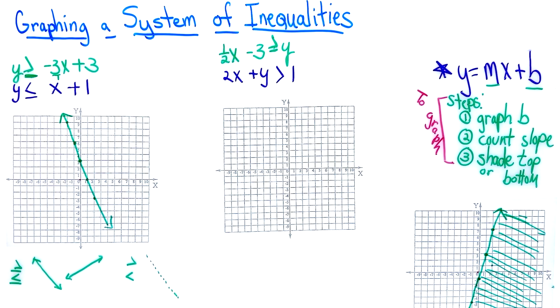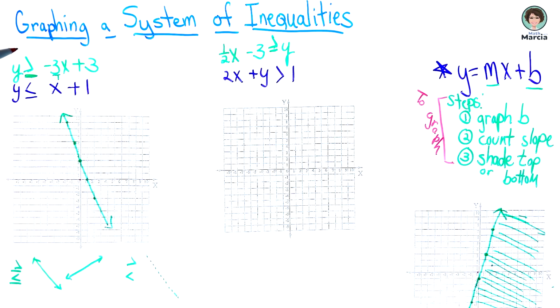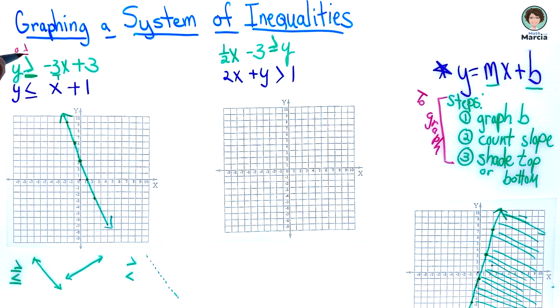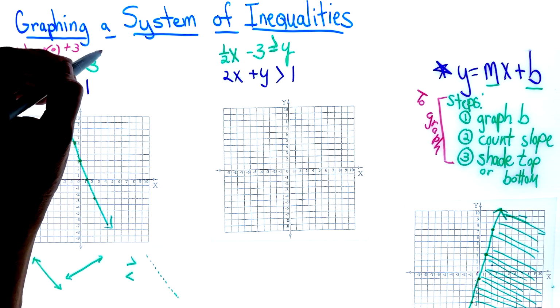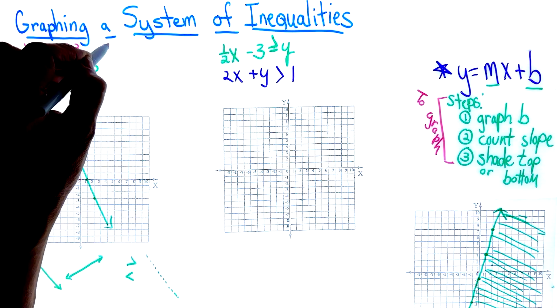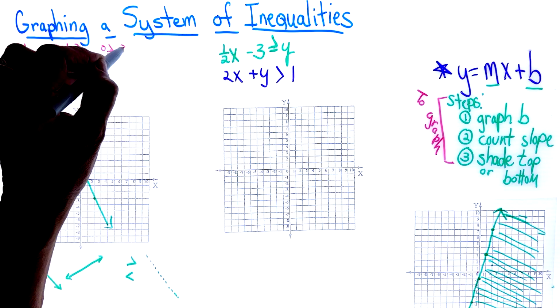So I'm going to substitute in the values for this inequality. 0 is greater than or equal to negative 3 times 0 plus 3. Well, 0 is greater than or equal to 3. Is that a true statement? 0 is greater than or equal to 3?